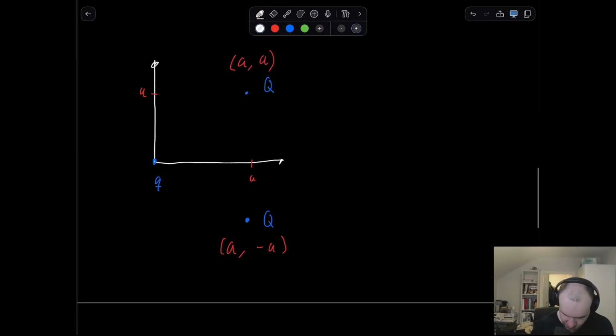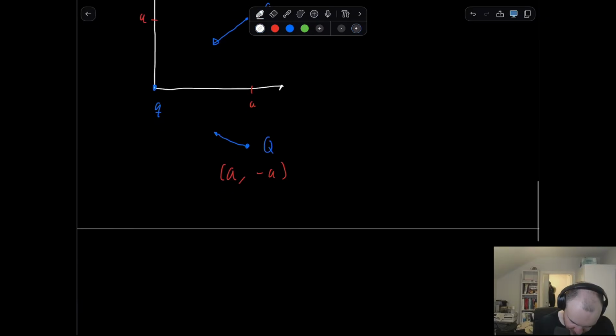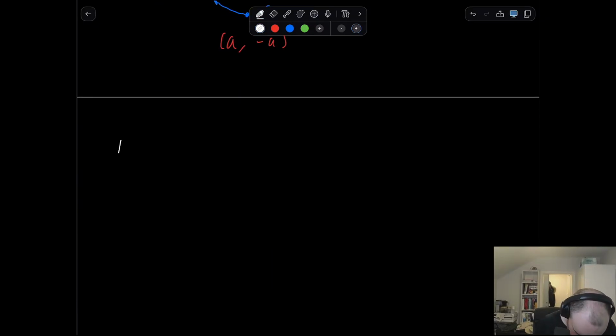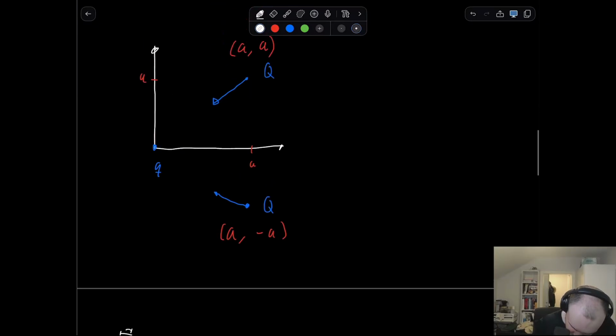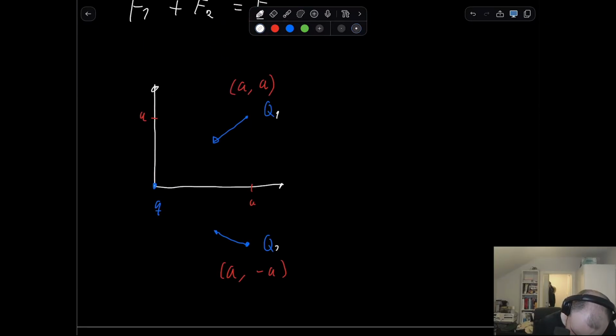We pretty much realize that if you look at the vectors, this force will point here and this force will point right here, so they will cancel in the y direction. That's pretty clear, but we can just calculate it anyway. Okay, so the force 1, let's call this guy Q1. This guy is Q2.